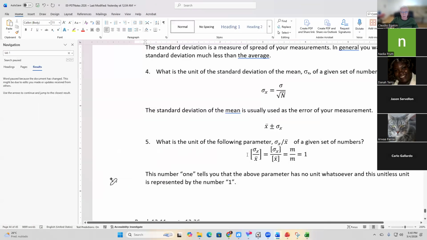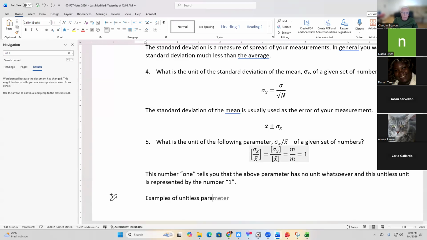Let me give you some examples of unitless parameters. The first one is the angle in radians. By definition, what's the definition of an angle?